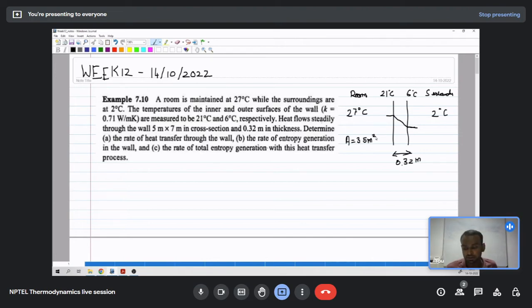Now we have to determine the rate of heat transfer through the wall, the rate of entropy generation, and the total entropy generation.